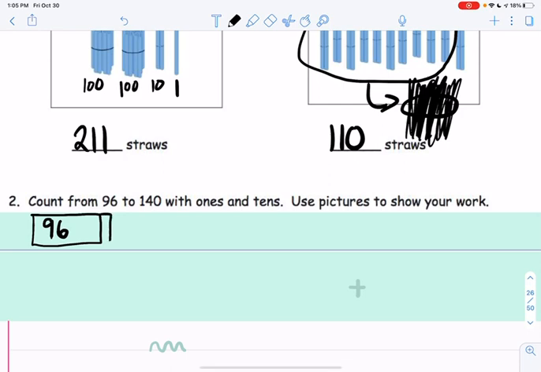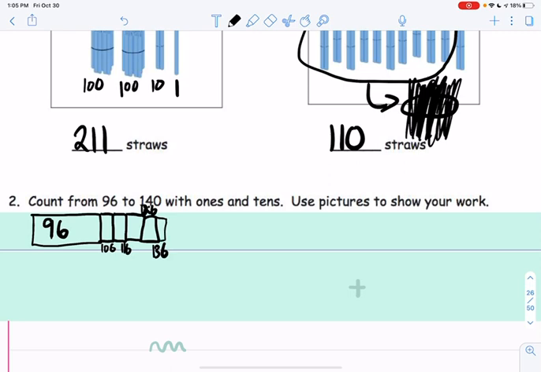96, 106, 116, 126, and finally 136. We can't go any more tens because we're only 4 away from 140.